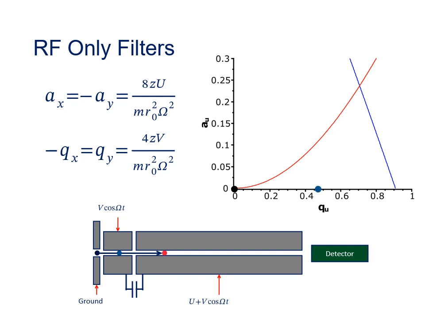Now, because the Brubaker filter only has the RF voltage applied to it, as the ion moves inside that, the RF amplitude increases, so Q increases, but there's no DC offset, so the A value remains at 0, and the ion tracks along the Q axis. Now, as the ion transfers from the Brubaker filter to the main quadrupole, it also sees the DC potential rise as well.